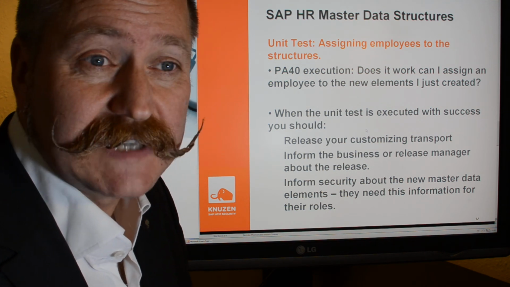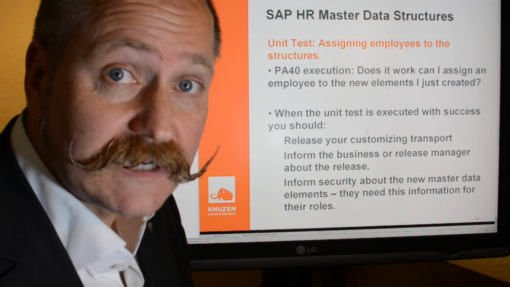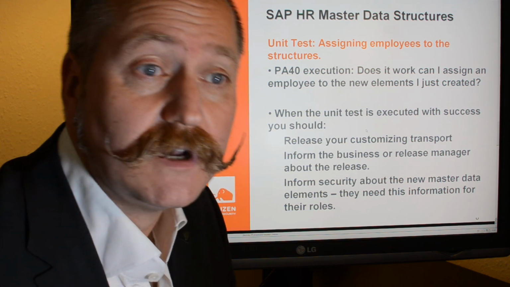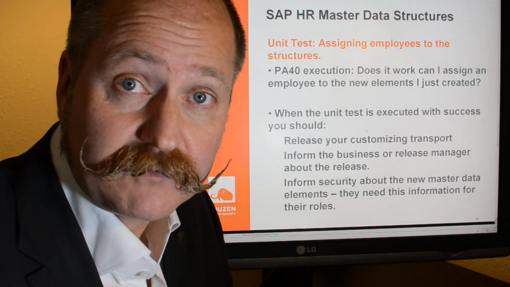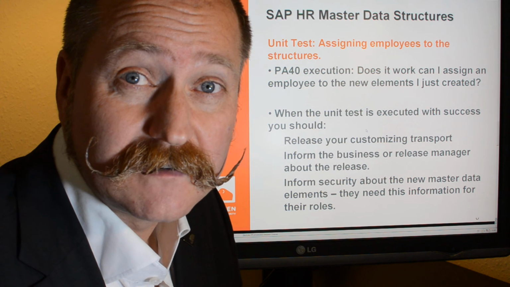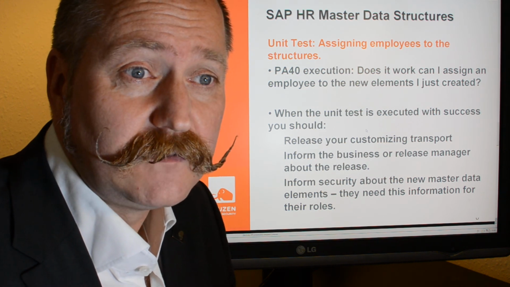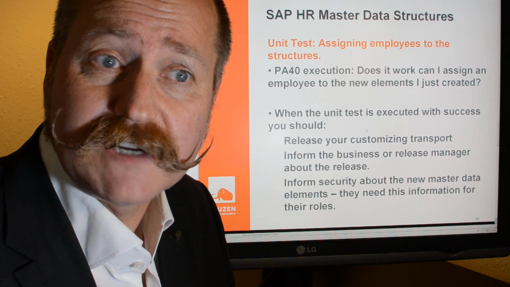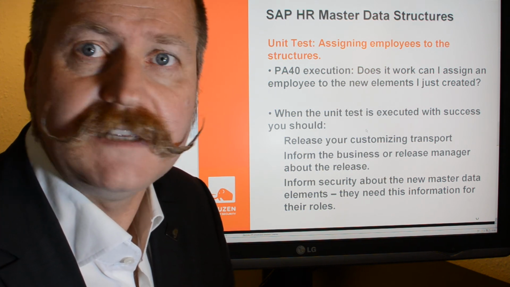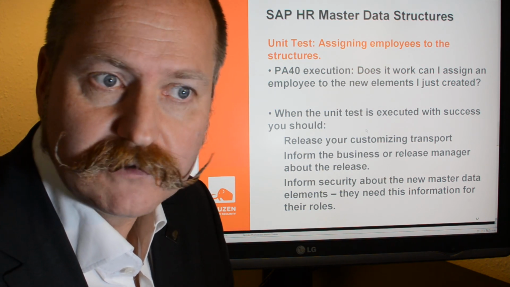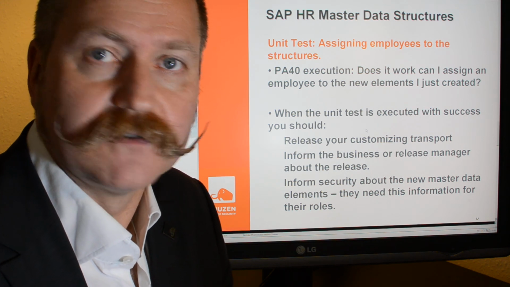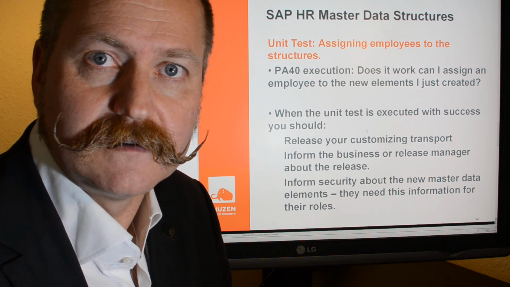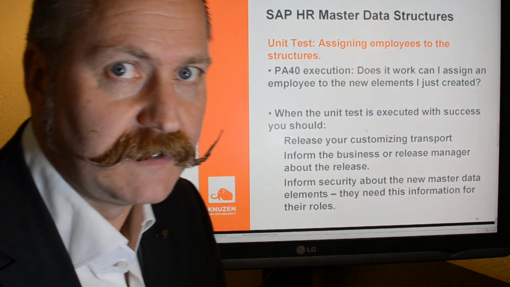So the next steps is actually to release our transport. It is to inform the business about the release, inform the release manager, and then inform security about the new master data which has been created. They need this information for their roles, so they will also have an interest in having this information.